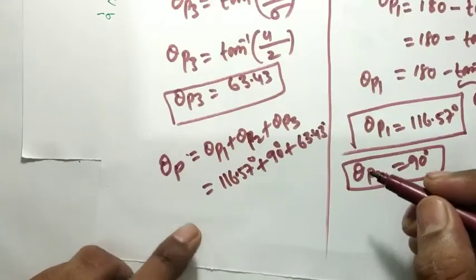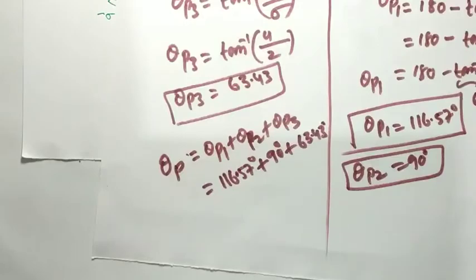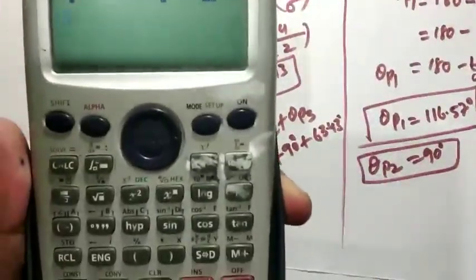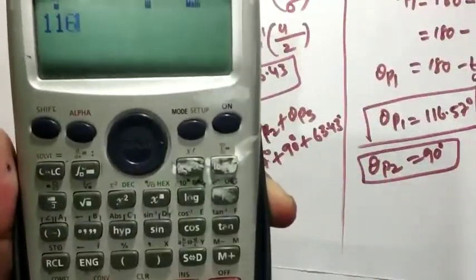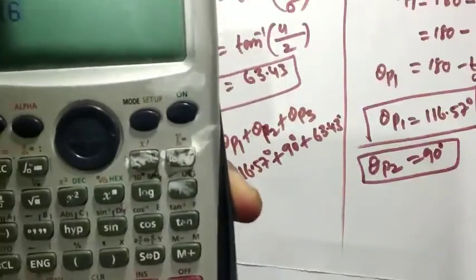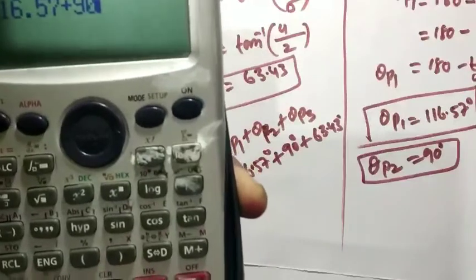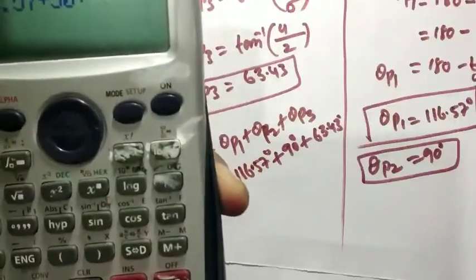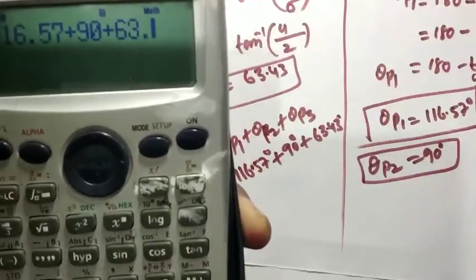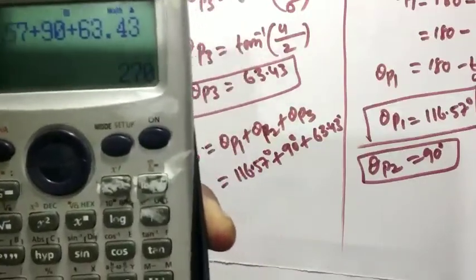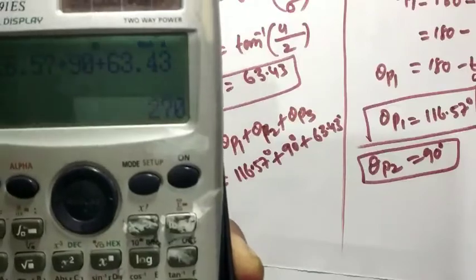So you just add all these. 116.57 plus 90 plus 63.43, how much did you get?